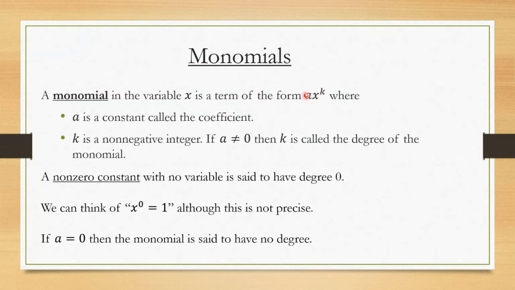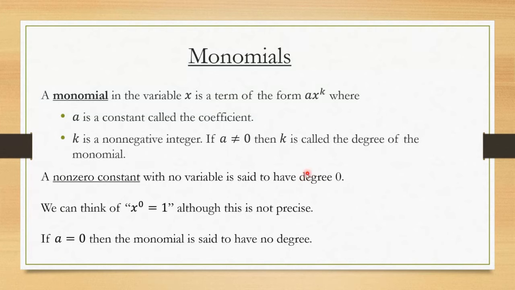If a is 1, we don't write a. In other words, 1 times x to the k, we would just leave as x to the k. And if k is 0, we don't write it either. So a non-zero constant with no variable is of degree 0.